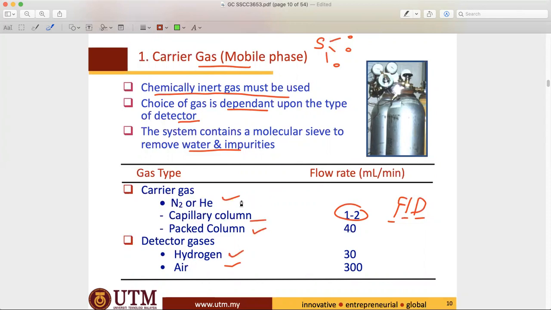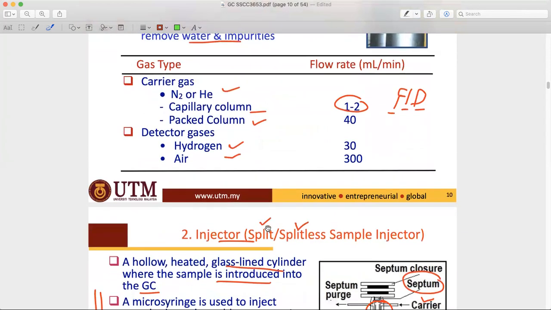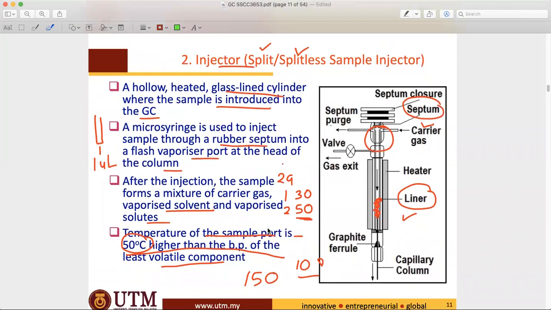The choices of carrier gas, as I mentioned, are nitrogen or helium. These are examples of flow rate when you are using a capillary column or packed column. Then we moved on to the injector, where we covered two modes, which are split mode and splitless mode.